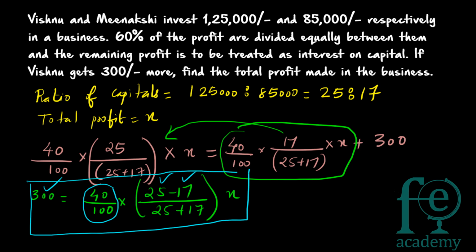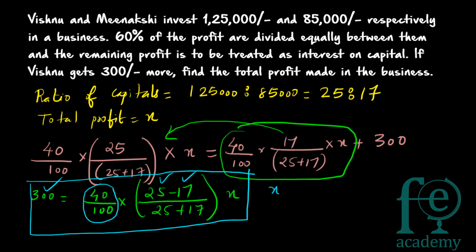The difference amount 300 is equal to the percentage that is divided among the two based on the ratio of their capitals, into 25 minus 17 by 25 plus 17, where 25 and 17 represent the ratio of the capitals. The capitals are in the ratio of 25 is to 17. And X is the total profit. That is what you have to find out.